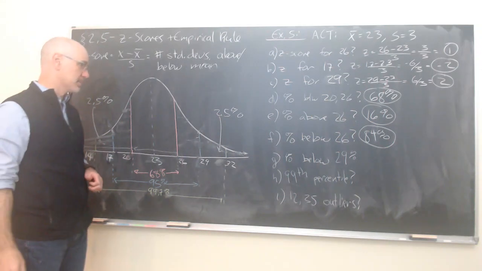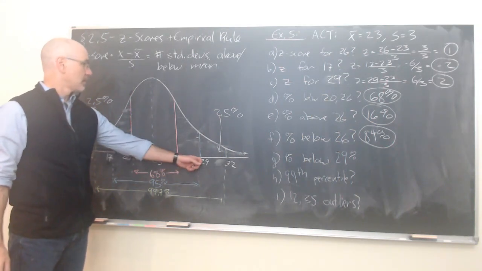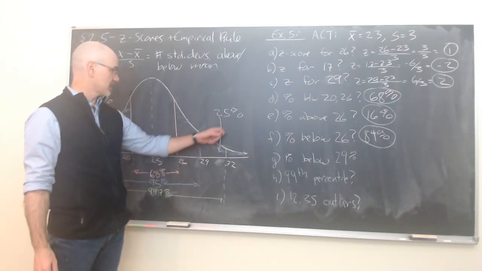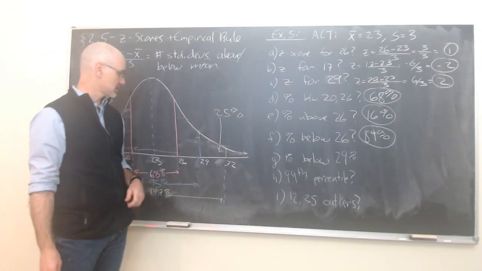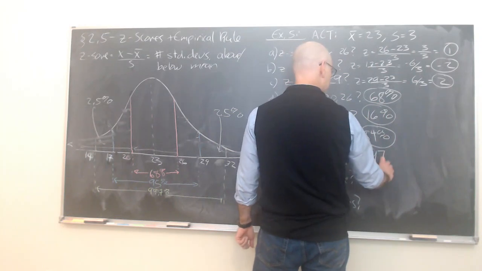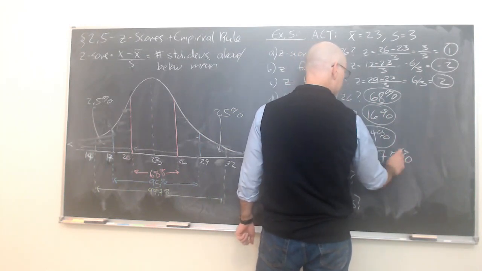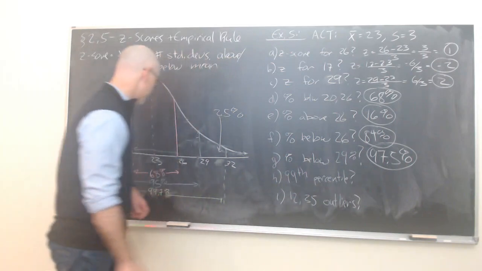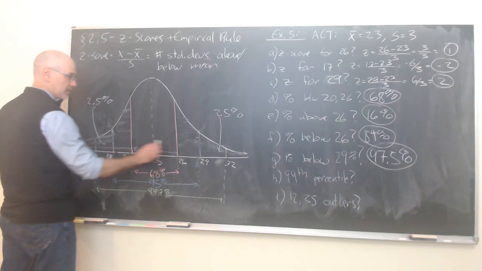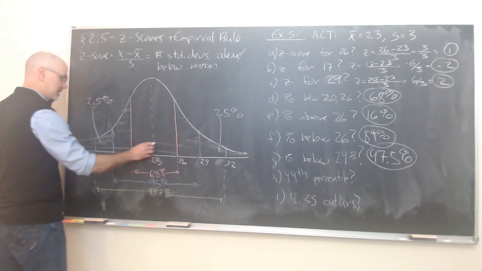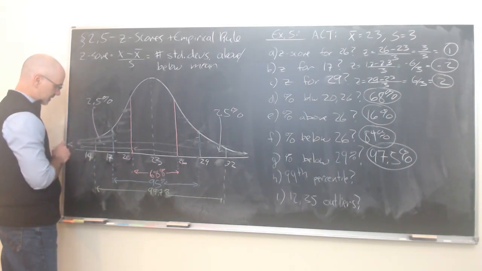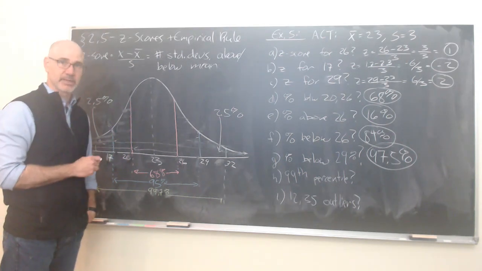So the area below 29 is going to be 100% minus the 2.5% that's above it. So that's 97.5%. Or we could approach it with left areas. To the left of 29 until we hit 17, that area would be 95% of the total, and then we have an additional 2.5% left of 17 for a total of 97.5%.